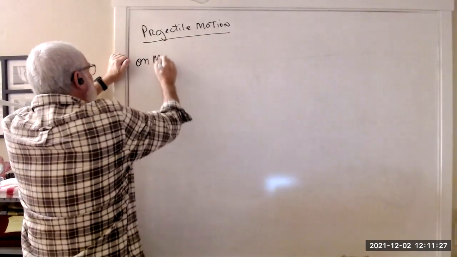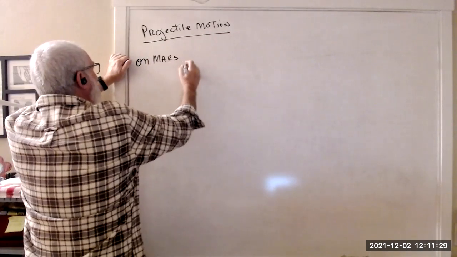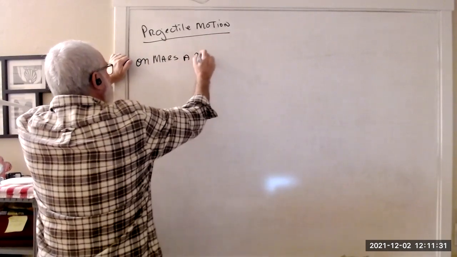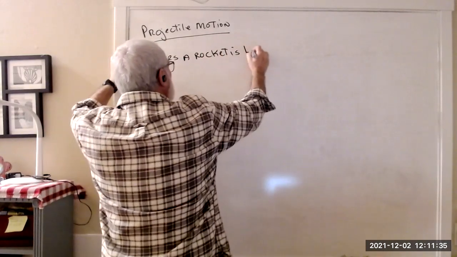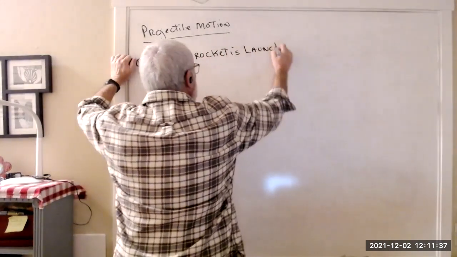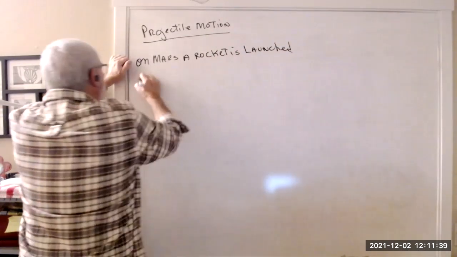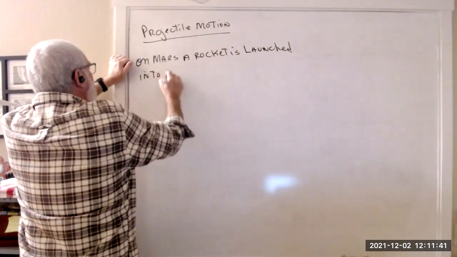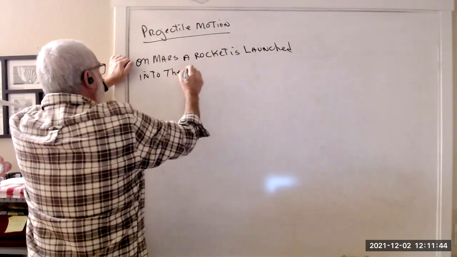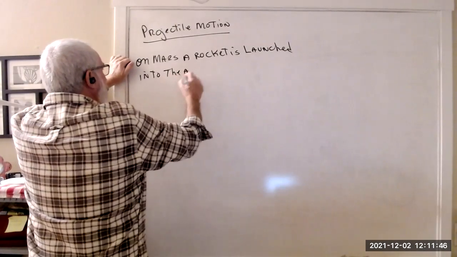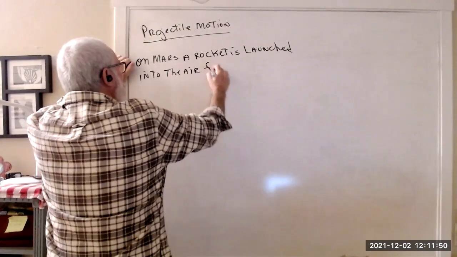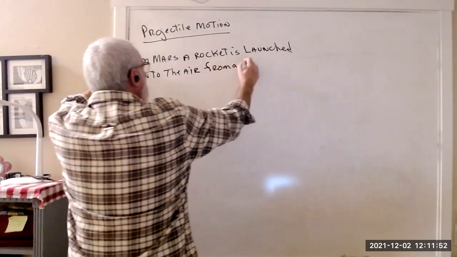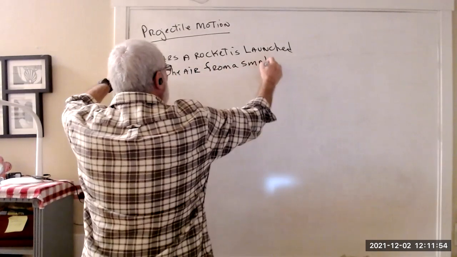On Mars, a rocket is launched into the air, whatever air there is, from a small hill.